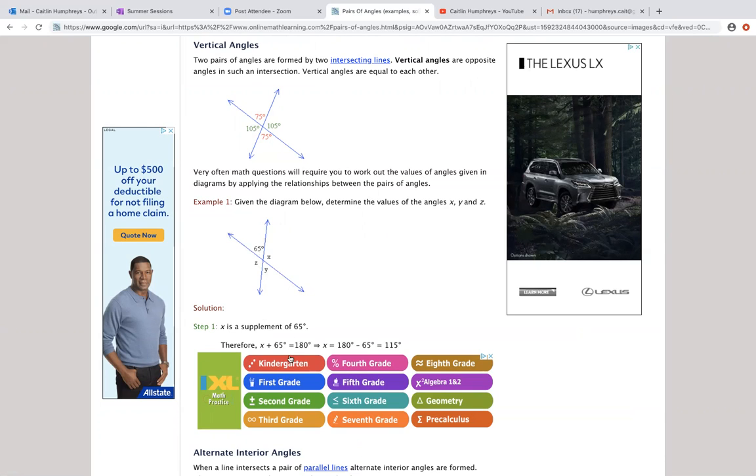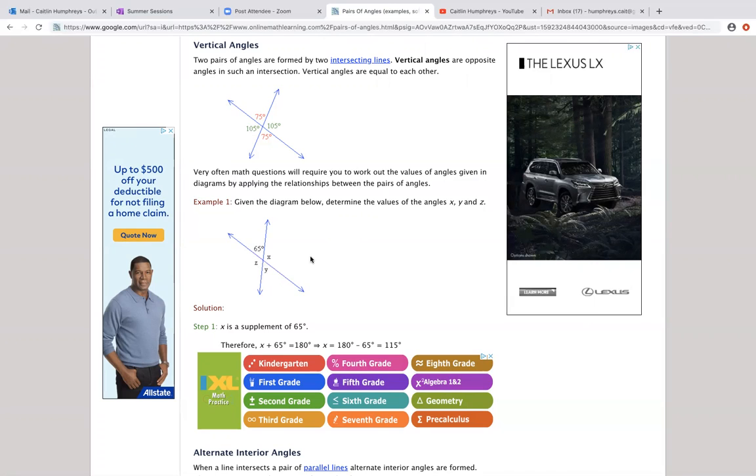So then you're at a variable, x plus 65 equals 180. Well, we know we're going to subtract 65 from each side, and that's going to mean that x is 115. Well, this is a vertical angle. X is a vertical angle to z, which means both of those are 115. So just with one measurement, I'm able to figure out all four of these measurements. And that's only knowing one relationship.